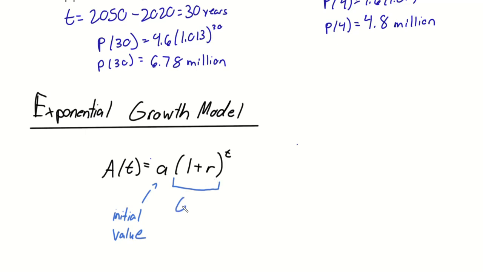Yep, this is our growth factor. T is the time, which most times we have in years. R, all by itself, is called our growth rate. So that's what we were adding to 1. And we always want this as a decimal.